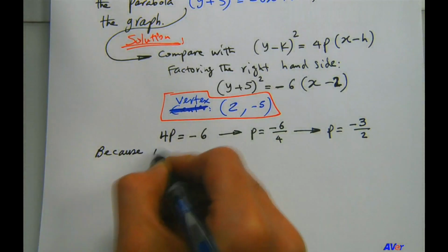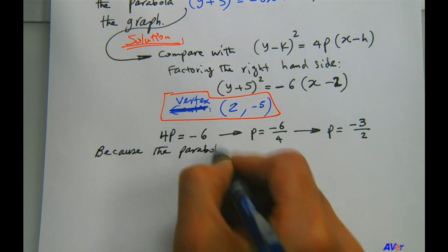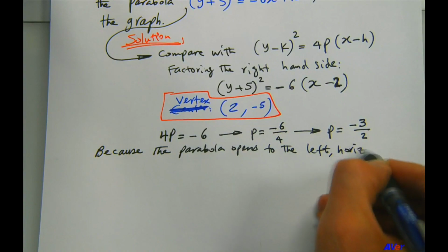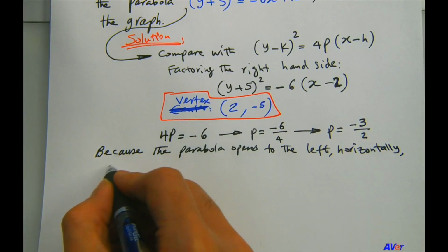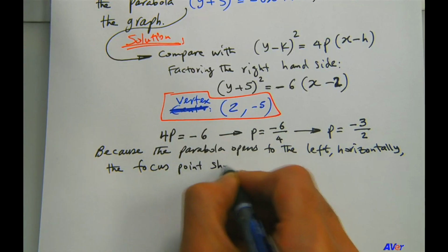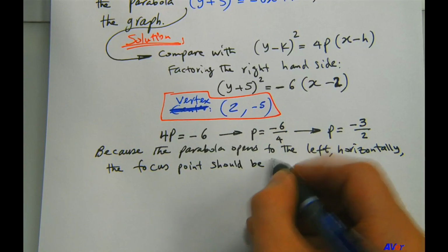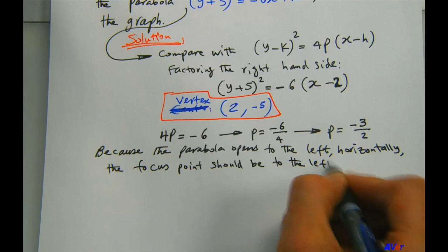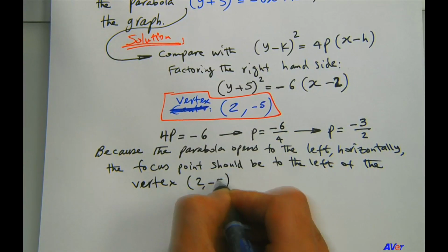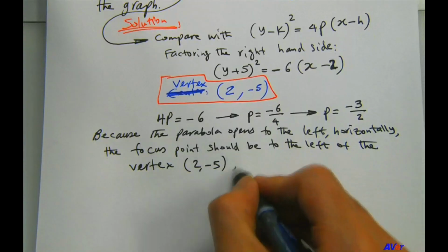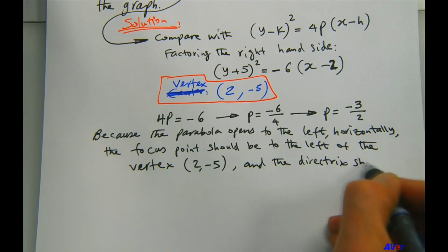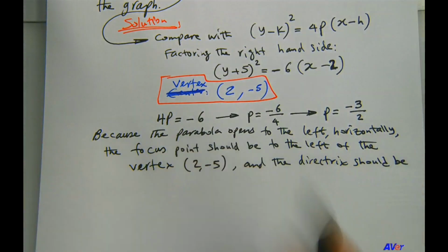Because the parabola opens to the left horizontally, the focus point should be to the left of the vertex, and the directrix should be to the right of the vertex.